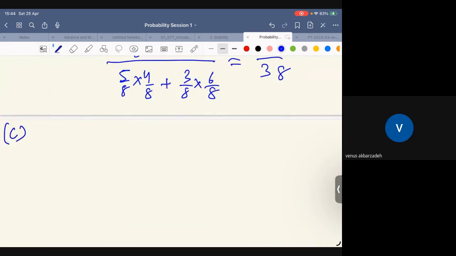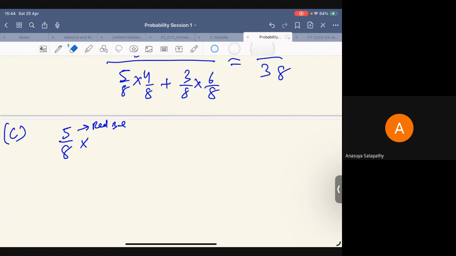Let's not think of any intersection formula. Just use your brain. So first ball to be red, just tell me. Intersection, very good. There are 5 red balls, so 5 by 8.